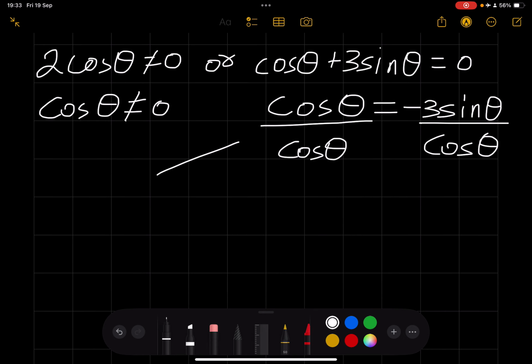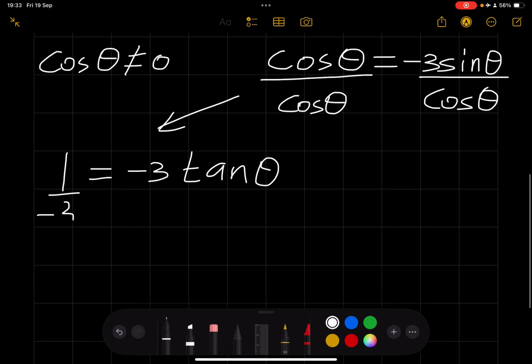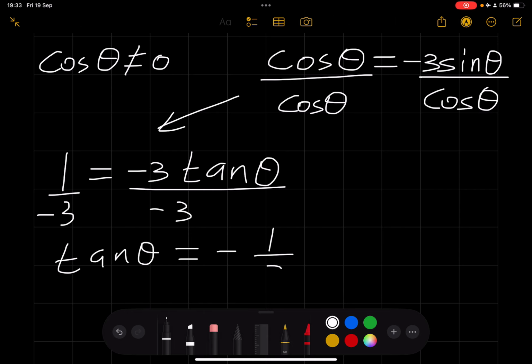Then taking that to here, we get 1 equals to negative 3 sine over cos, which is tan of theta. All right. Then, ladies and gents, let's check here. We're going to divide both sides by negative 3, and then we're going to have tan theta is equals to negative 1 over 3.